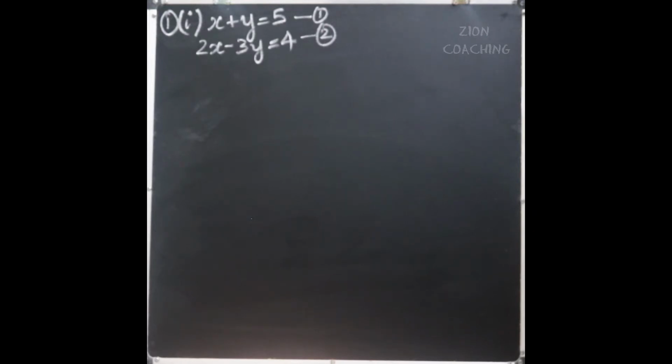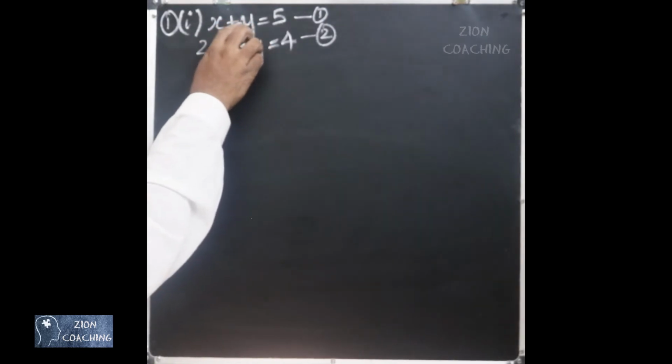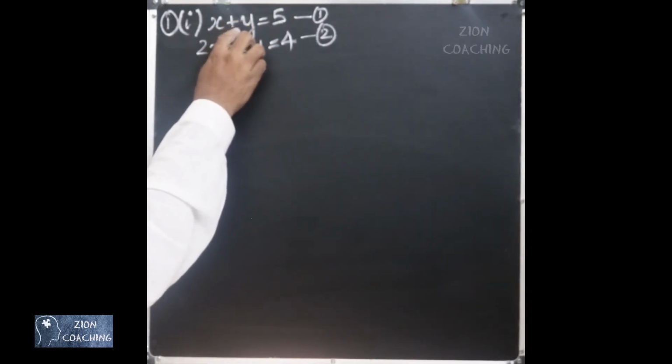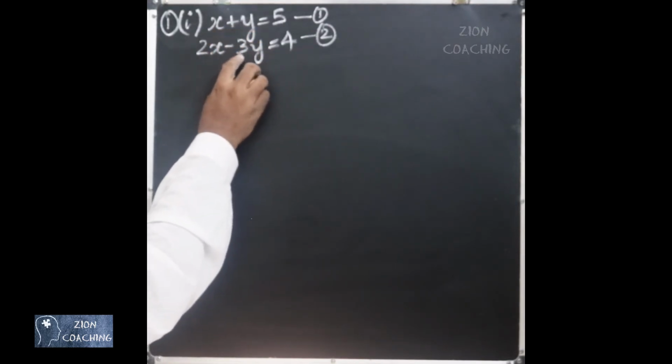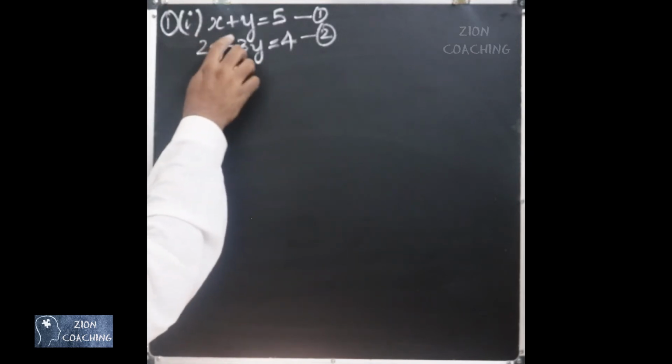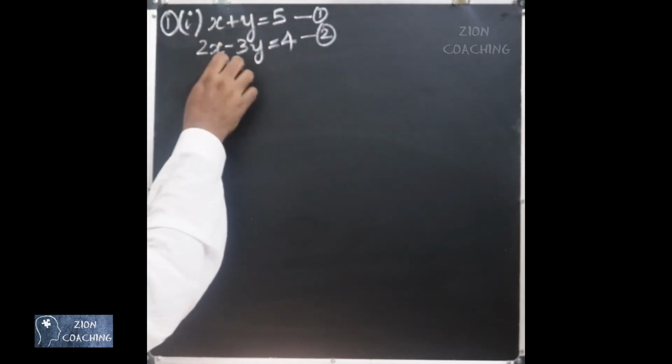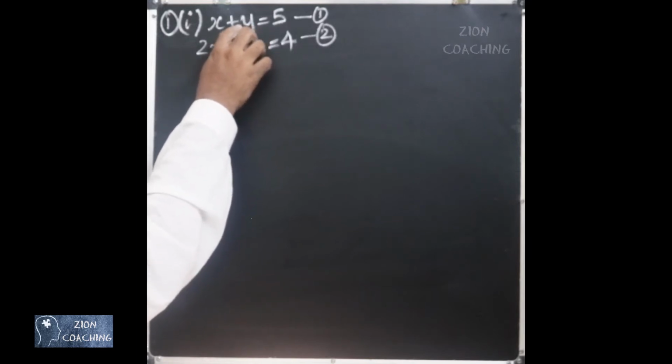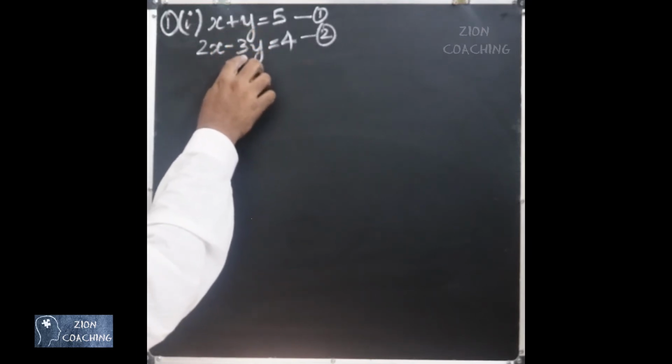Now, when you see these two equations, the coefficient of y has a positive symbol, 1, and here 3 has a negative symbol. So when you add, that will easily get cancelled. But the value here is 1 and the value here is 3.